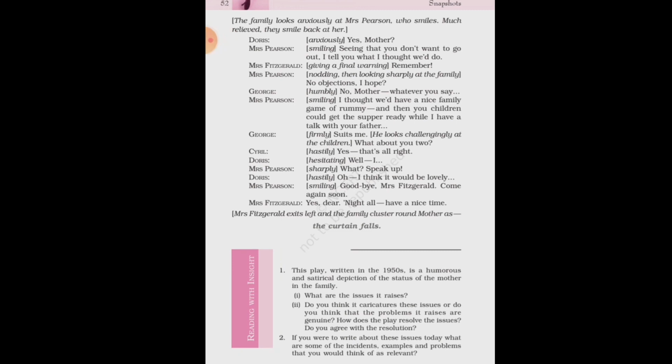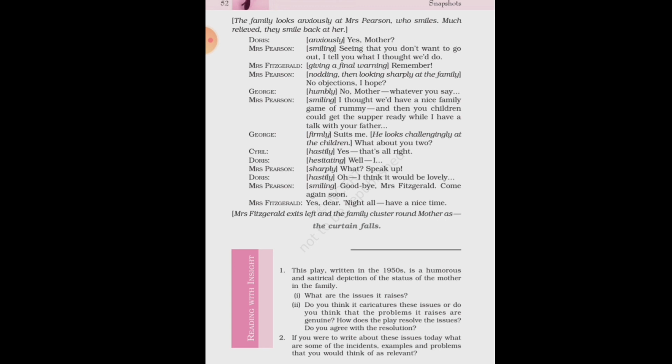Doris, anxiously: Yes, mother? Mrs. Pearson, smiling: Seeing that you don't want to go out, I'll tell you what I thought we'd do. Mrs. Fitzgerald, giving a final warning: Remember. Mrs. Pearson, nodding, then looking sharply at the family: No objections, I hope? George, humbly: No, mother, whatever you say. Mrs. Pearson, smilingly: I thought we'd have a nice family game of rummy, and then you children could get the supper ready while I have a talk with your father. George, firmly: Suits me. He looks challengingly at the children.